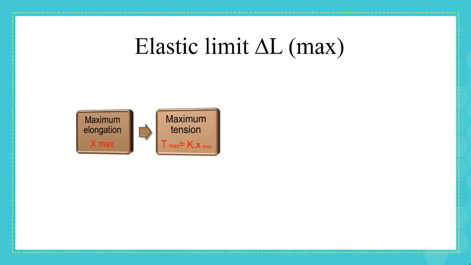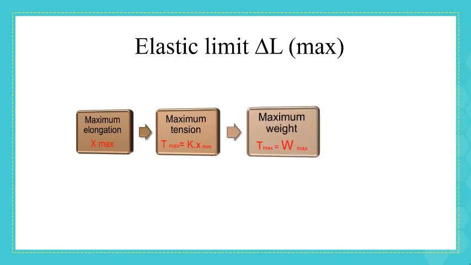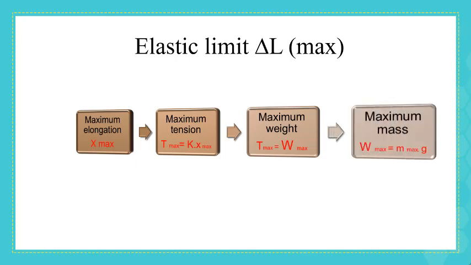But if the maximum tension is not given, then you can find it from the condition of equilibrium, from the maximum weight. So T maximum is equal to the maximum weight. And if the maximum weight is not given, then you can apply the formula for weight, mass times gravity.